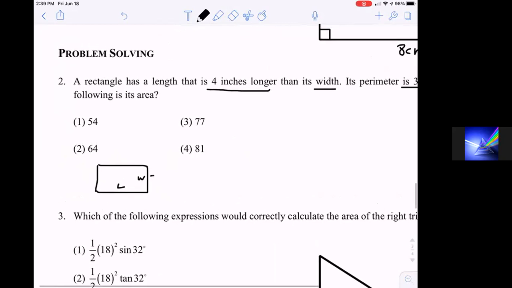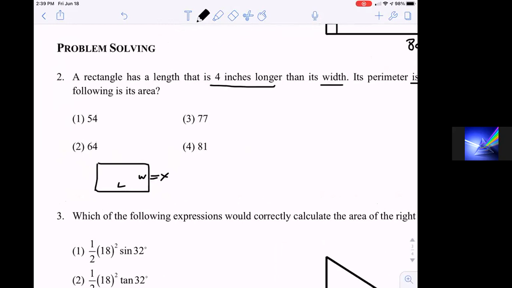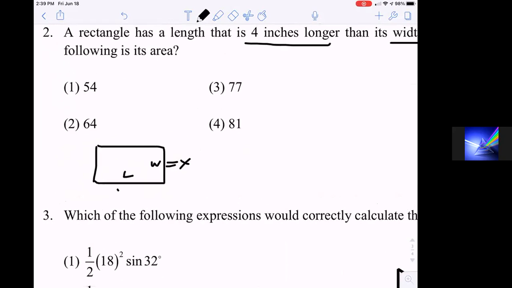We're going to let the width be x. Or we could keep it as W. That's fine. No, we're going to keep it as x. We're going to make it one common unit. So we're going to let W equals x, and the length is 4 inches longer than that. So the length is going to be x plus 4.